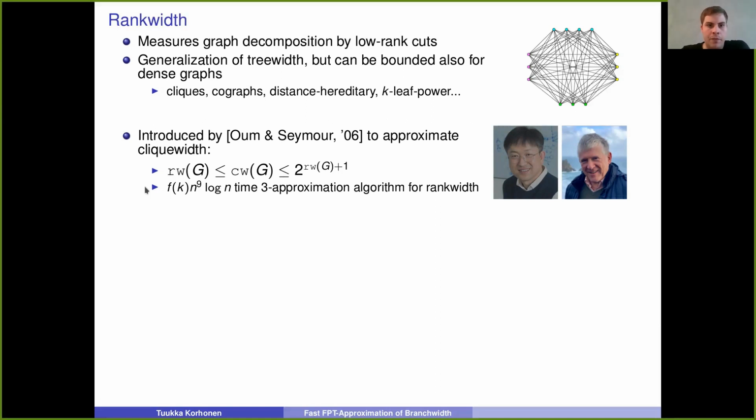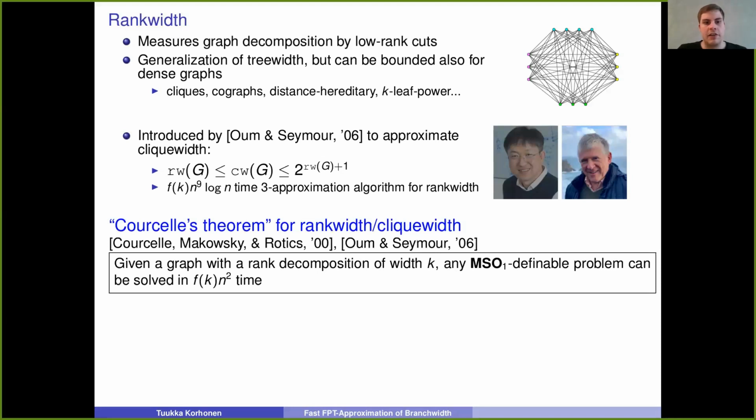Why they were interested in approximating clique width was that there is Courcelle's theorem for clique width, given by Courcelle, Makowsky, and Rotics in the year 2000.